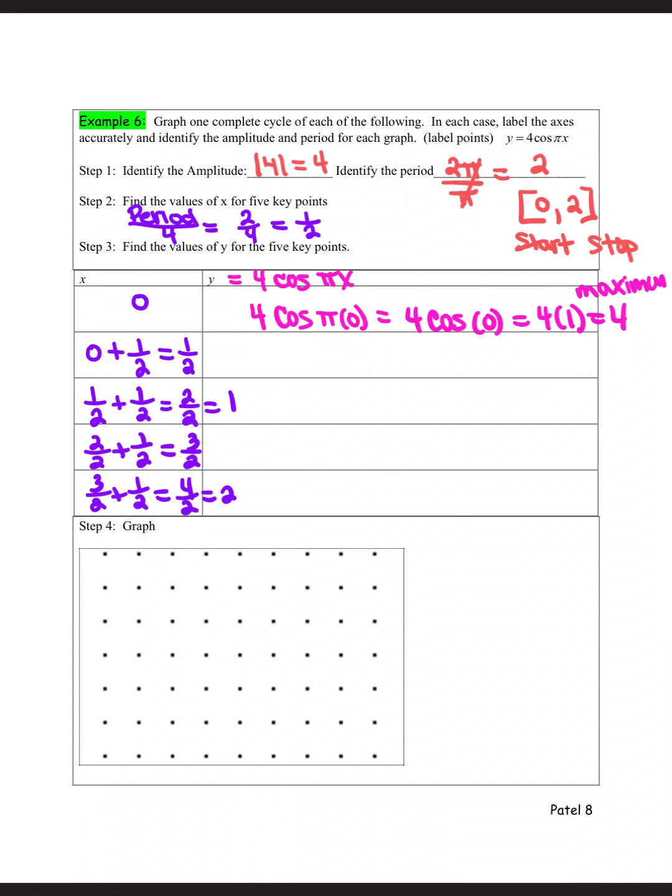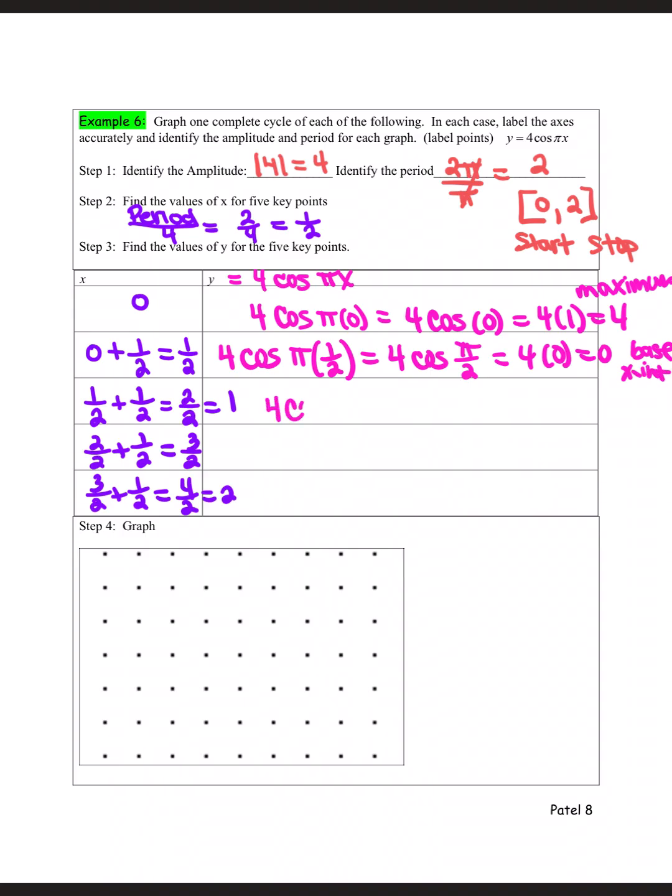Remember, cosine starts at max and ends at max. So we know we did it correctly. You can punch this straight into the calculator by typing in 4 cosine of pi times 1/2. So that's 4 cosine of pi over 2. Well, we know cosine of pi over 2 is 0, and 4 times 0 is 0. So there's my base, or my x-intercept.